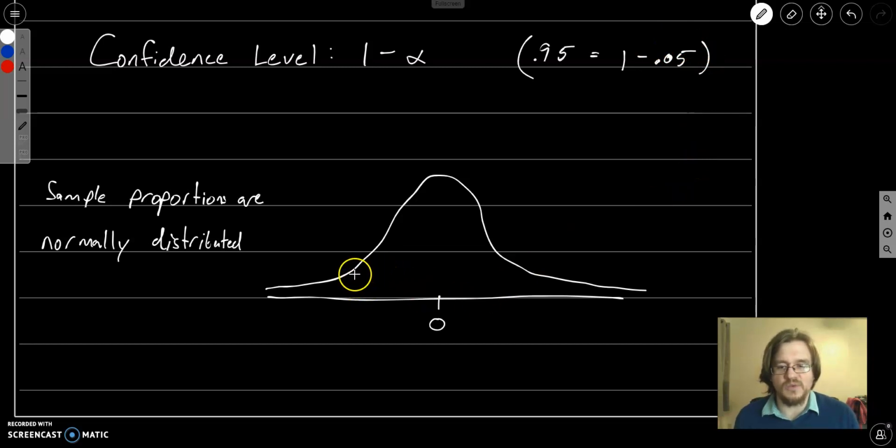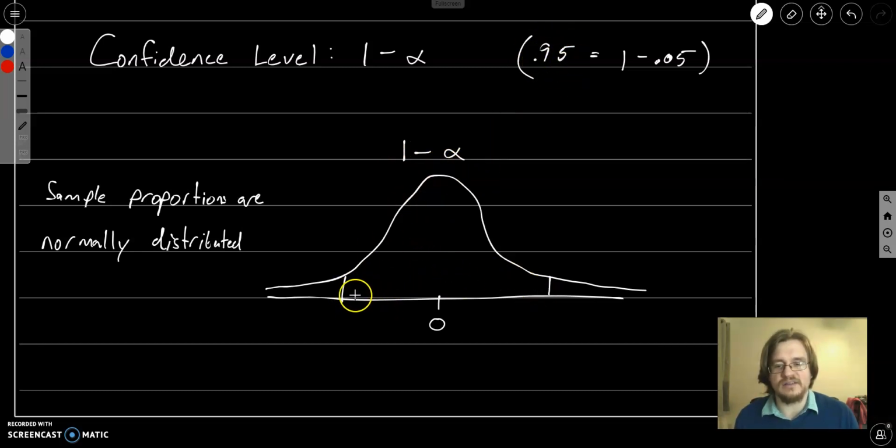So when we're looking at this 95%, sample proportions are going to be normally distributed, meaning if we go out and take a bunch of samples, the proportions that we calculate are going to be normally distributed. And this percent is going to be describing a range of values. So this is going to be 1 minus alpha in here, so maybe 0.95.